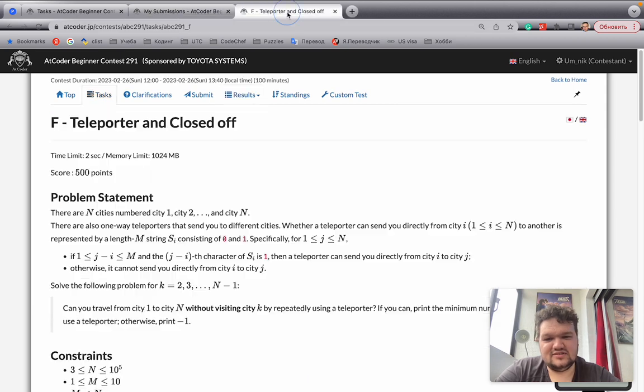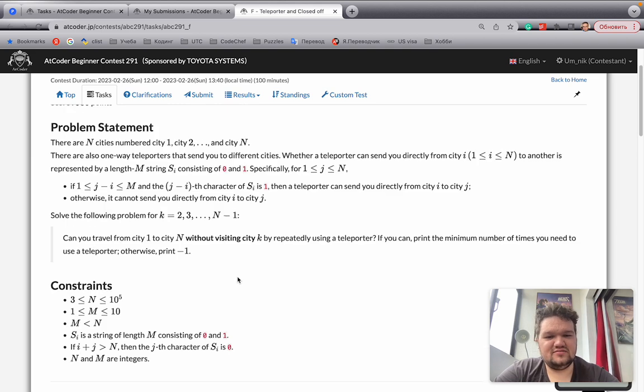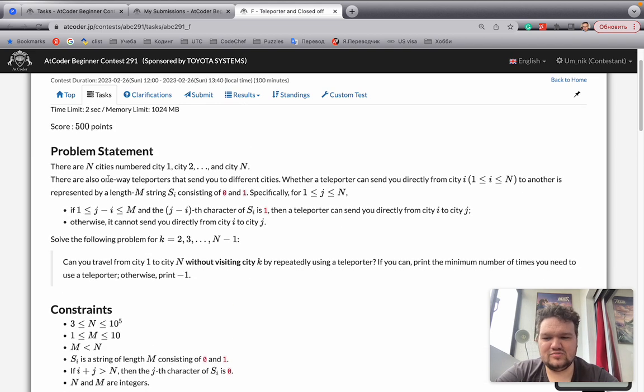So in F, there's this cool idea that if you block something and you have a linear order, then there should be a unique place where you jump over the blocked thing, and you can just try all the possibilities. I think this problem would be easily solvable without this limitation for any DAG.